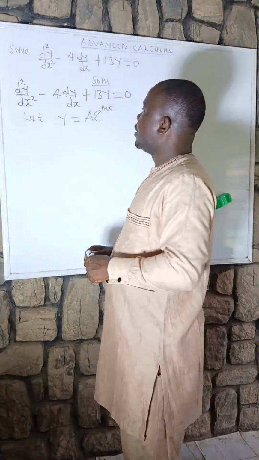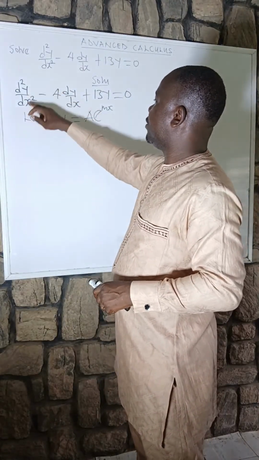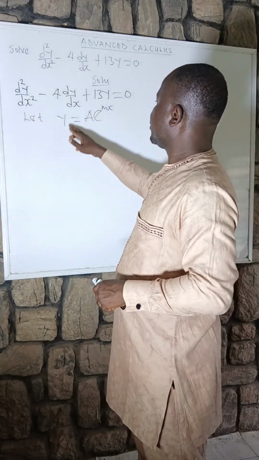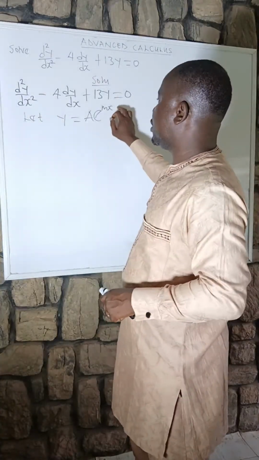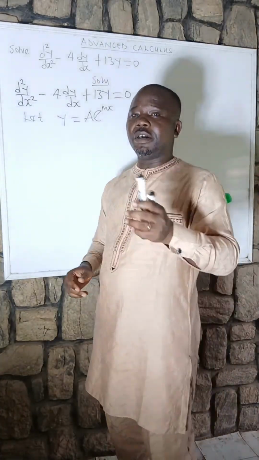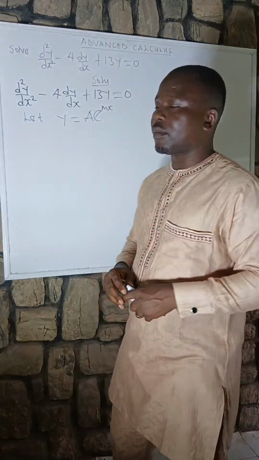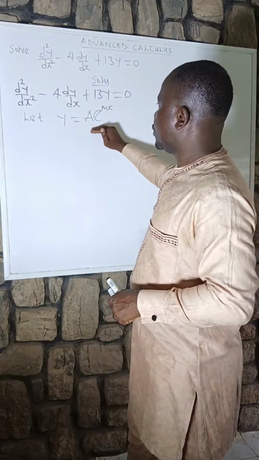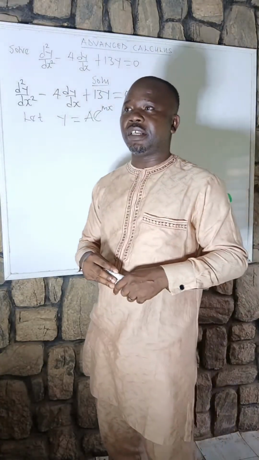And if the independent variable is t, then y equals a exponential mt, sorry. That is how you are supposed to do it. So let this be equal to this; it is the solution of this second order differential equation.